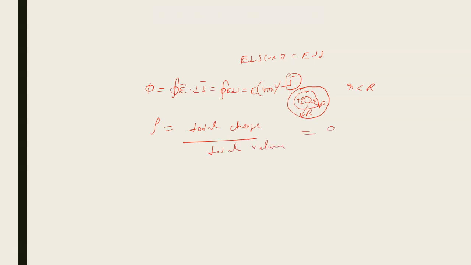Now the total charge is plus Q, and the total volume is 4 by 3 pi R cubed, because we are talking about the total charge distribution inside the sphere. Then we will discuss the volume occupied by the Gaussian sphere.